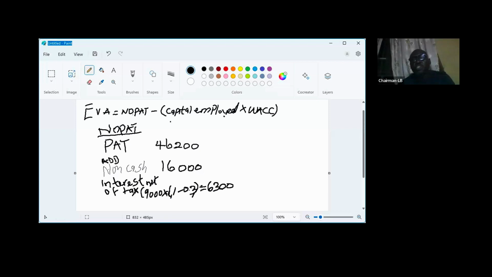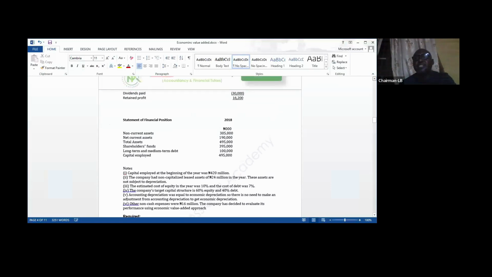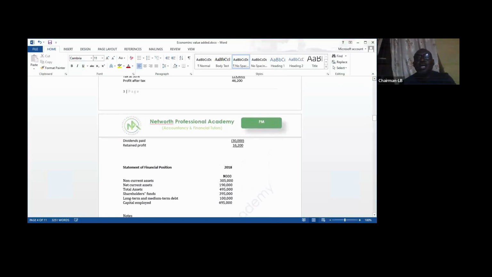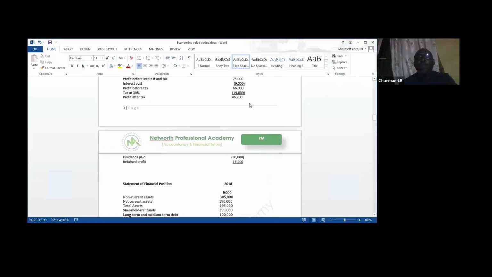Adjustment is not too much here. Please look at it. We focus on the income statement. We pick our profit after tax, and we pick our interest cost net of tax.